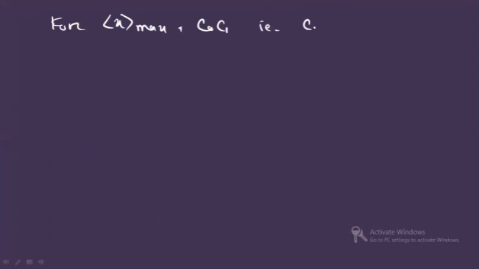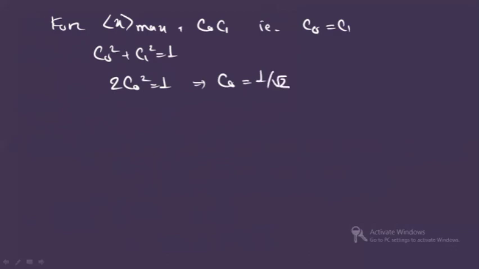That means C naught must be equal to C1. And it is also said that C naught square plus C1 square equals 1. So if you substitute C naught equals C1, you will have 2 C naught square equals 1, which implies C naught equals 1 by root 2. That means C naught equals 1 by root 2, equal to C1.